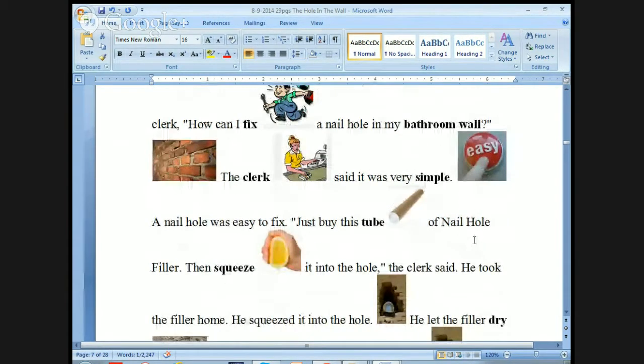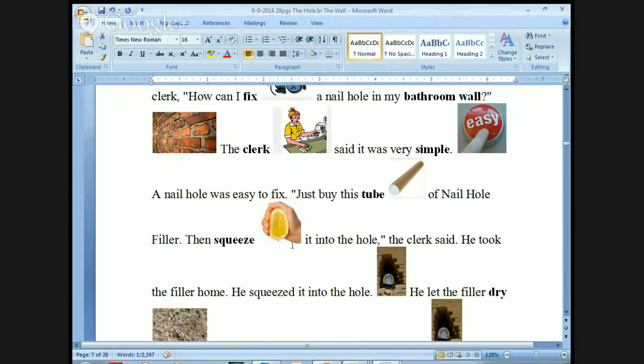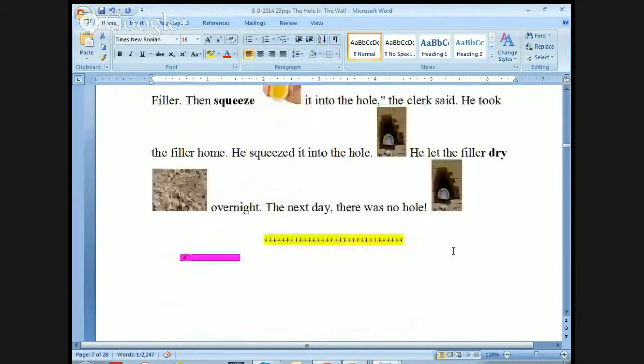The clerk said it was very simple, and a nail hole was easy to fix. Just buy this tube of nail hole filler, then squeeze it into the hole. The clerk said he took the filler home. He squeezed it into the hole. He let the filler dry overnight. The next day there was no hole.